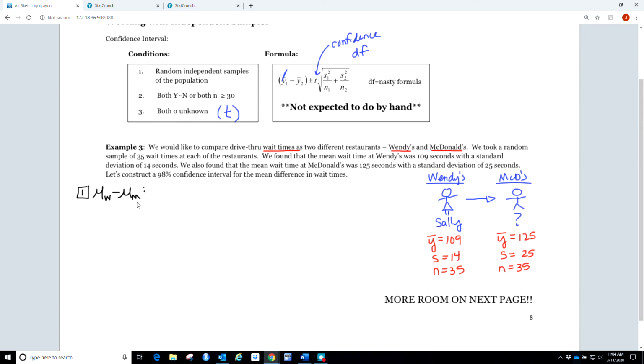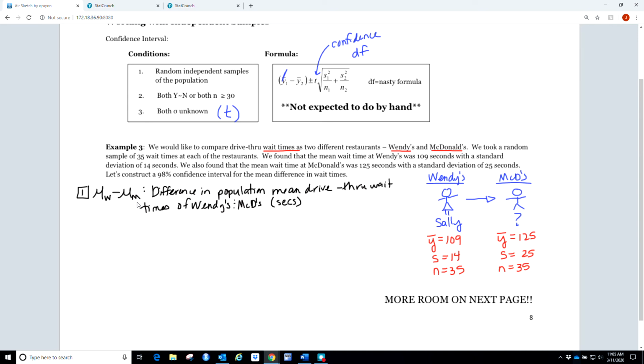So what this means then is that I'm finding the difference in population mean drive-through wait times of Wendy's and McDonald's. Unit-wise, where things were measured in seconds.